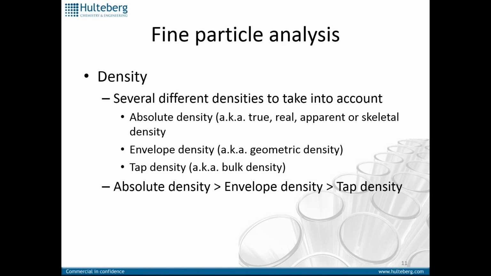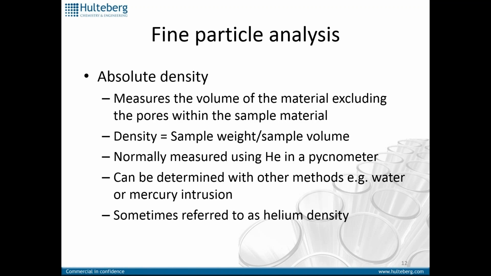So the absolute density is larger than the envelope density, and the envelope density is larger than the tap density. Absolute density, we measure the volume of the material without any pores within the sample material. And for all of these cases, density is defined as the sample weight divided by the sample volume.